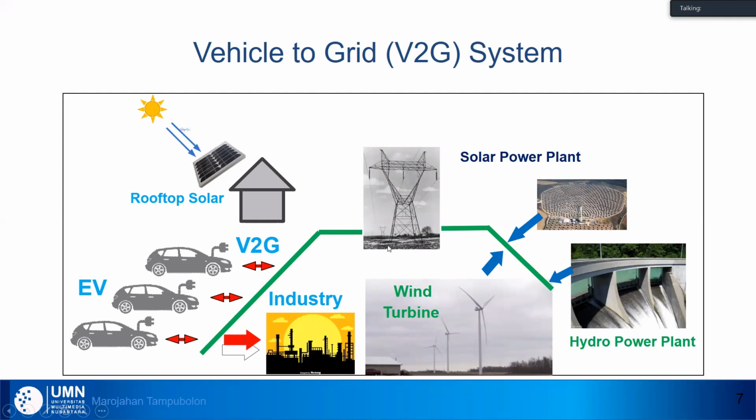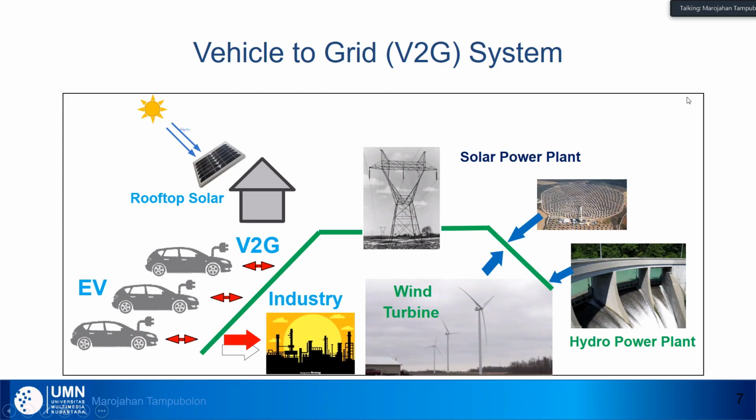And then, of course, it will be distributed to the consumer side. On the consumer side, we have car, industry, home. Even home can have a rooftop solar. And in this V2G system, we assume that the battery can charge and discharge to the system. So it will supply the system during the peak time, and then it will charge the battery during the low period.